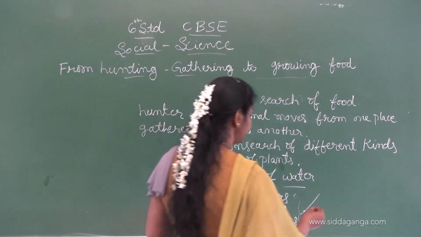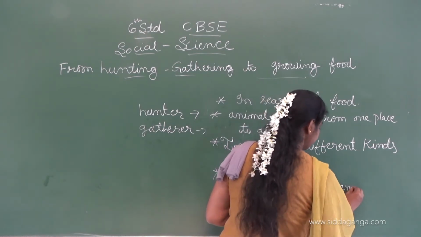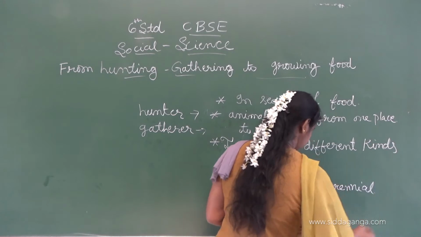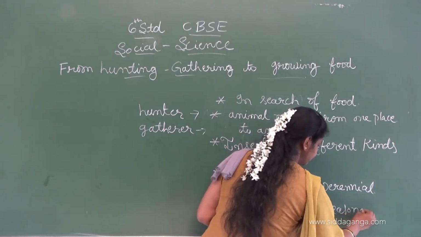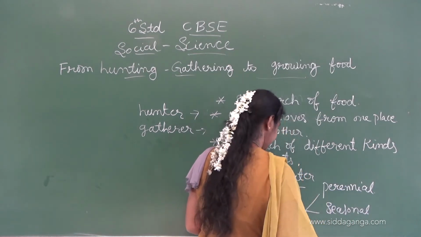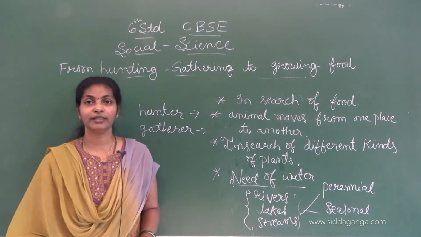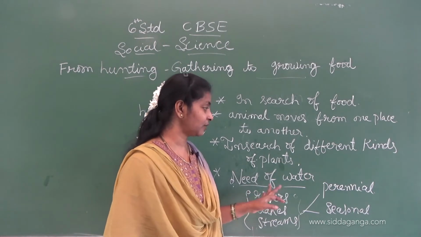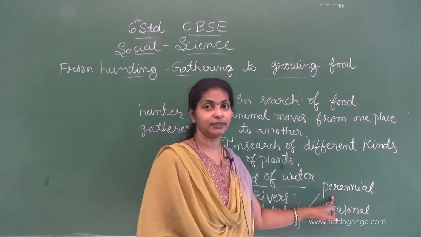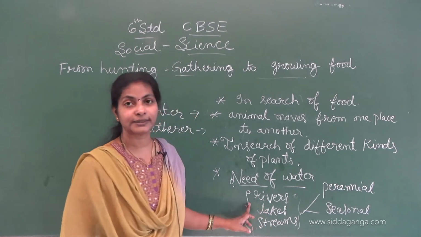Some are perennial, and some are seasonal. Perennial means always flowing water. In the perennial rivers, the water flows always. Okay, there is no problem. The water is available in all seasons.